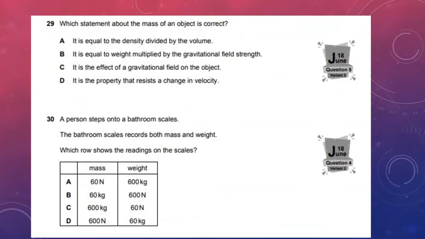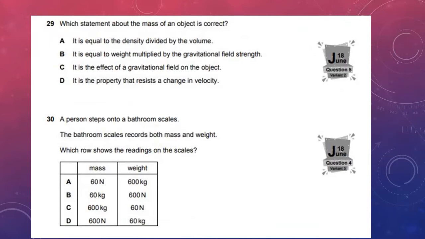Farah? Yes. This question: a person steps on the bathroom scale. The bathroom scale records both mass and weight. Which row shows the reading on the scale? B. Of course, great.